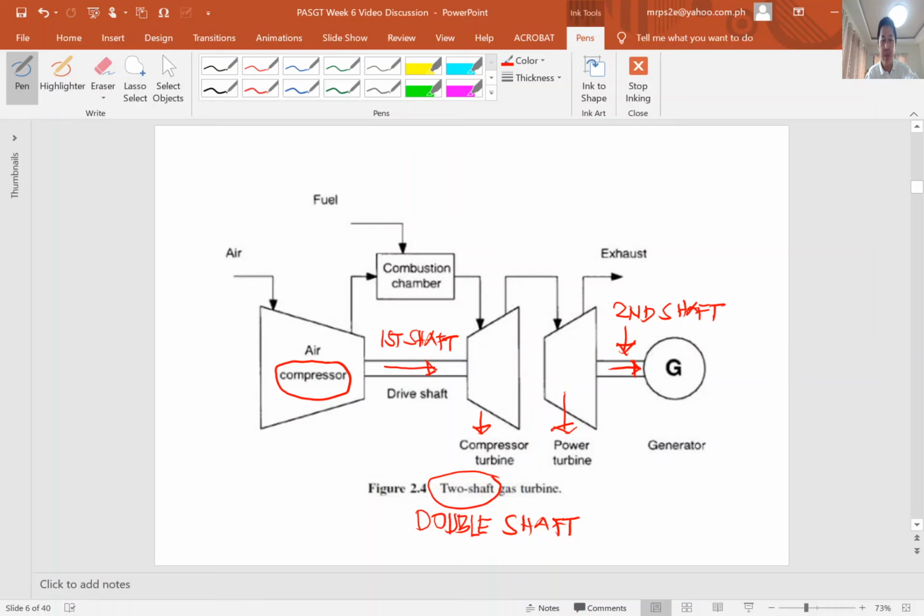There are only compressor and turbine, and the shaft is common, which is single shaft. It is connected from the air compressor to the turbine and directly to the generator. So that is the difference between the single shaft and the double shaft gas turbine.